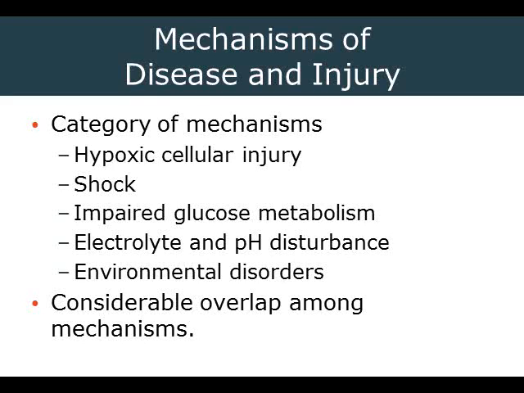And then obviously the environmental disorders. We can have a variety of things that play in with that. Say you're shivering, you're going to use up more sugar. Your body's shutting down. It's trying to shunt the blood to the core to be warm. That's a shock-like state. It's a hypoxic cellular injury. So, like it mentions, considerable overlap.